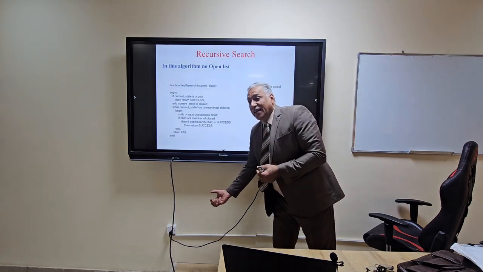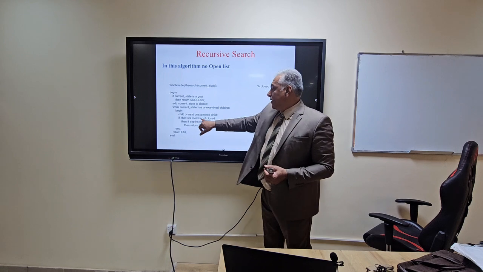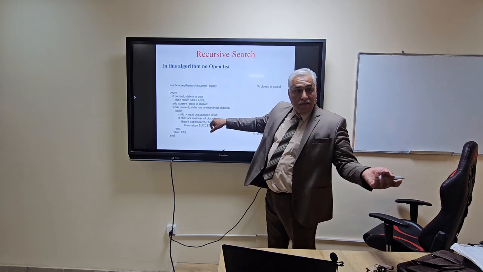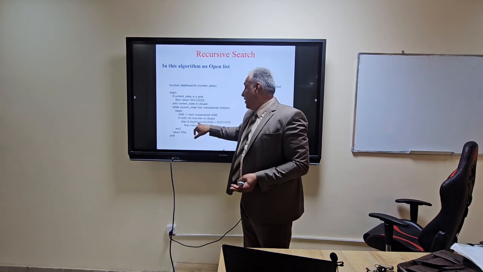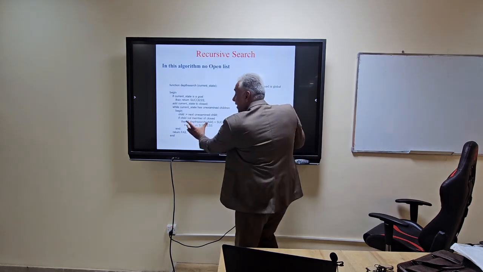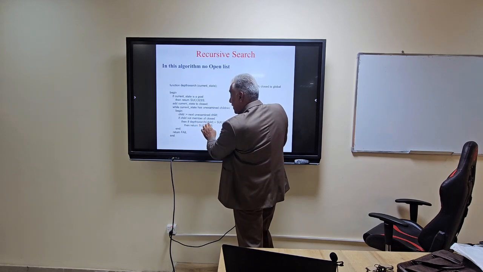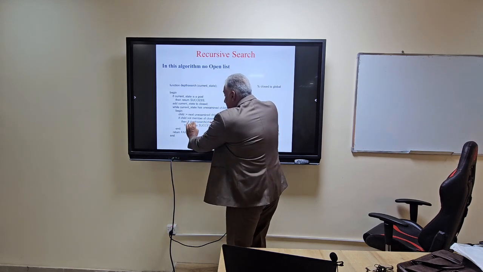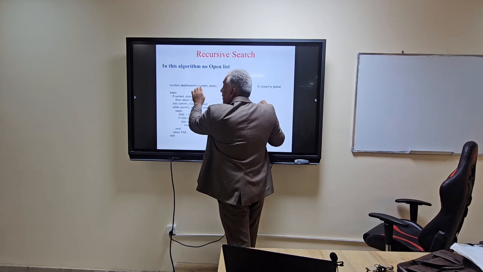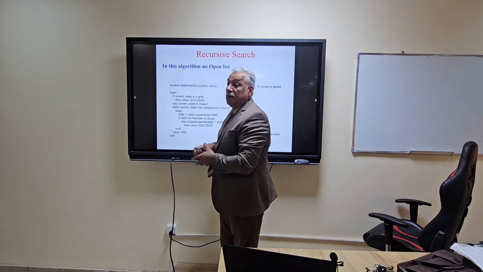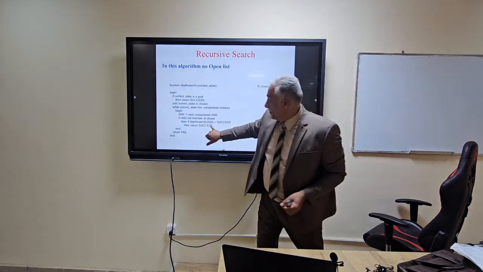Now it means get another one. If the child is not a member of closed, that is, it was not found in closed, then if depth search on the child, that means recursive call with the child. That means go to the same function where the current state will be the new child.